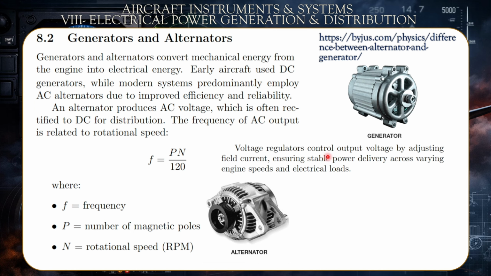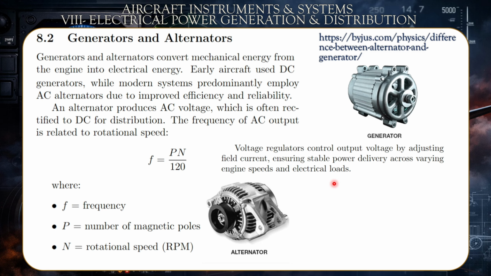Voltage regulators control output voltage by adjusting the field current, which is necessary to ensure stable power delivery across varying engine speeds and electrical loads, so that we wouldn't have a fluctuation of the current and electrical power being delivered to different components, instruments, and avionics.